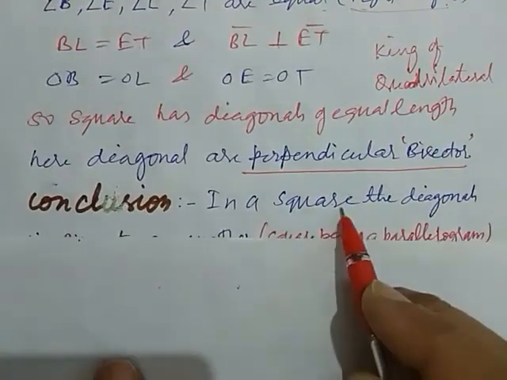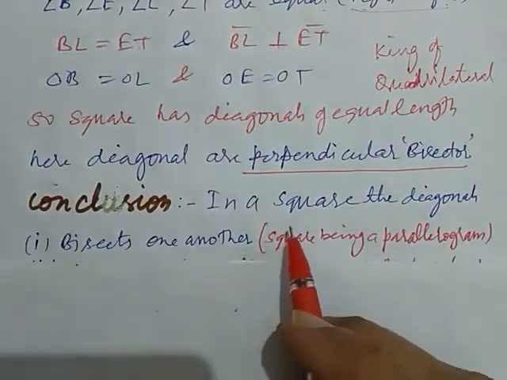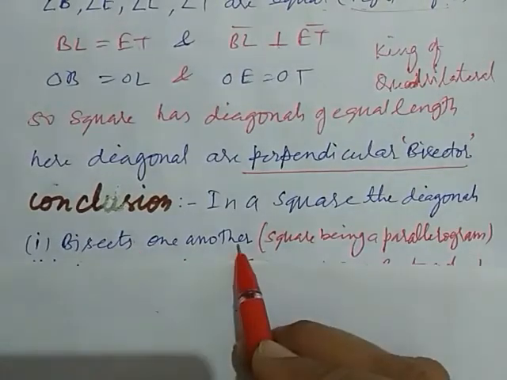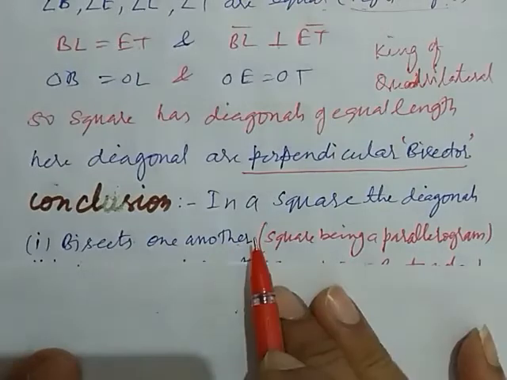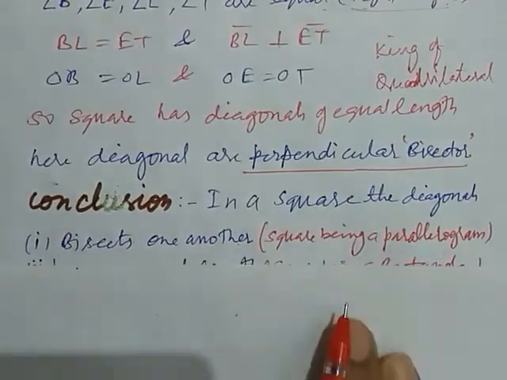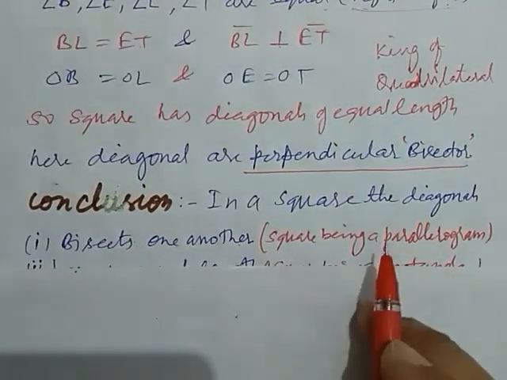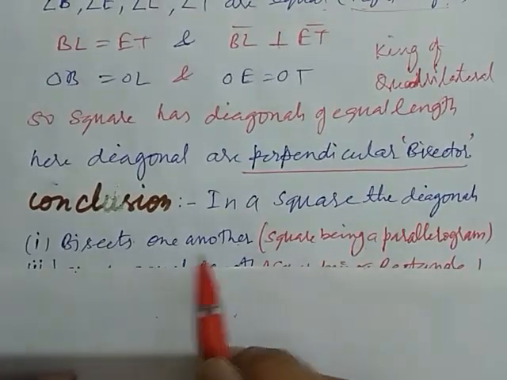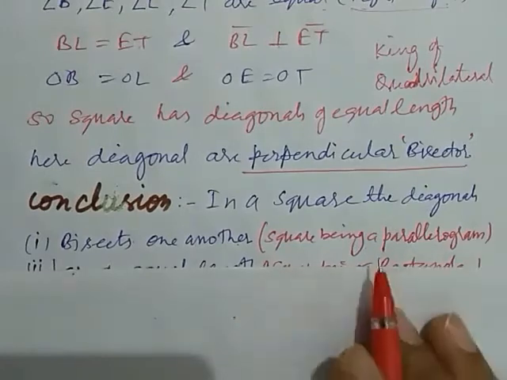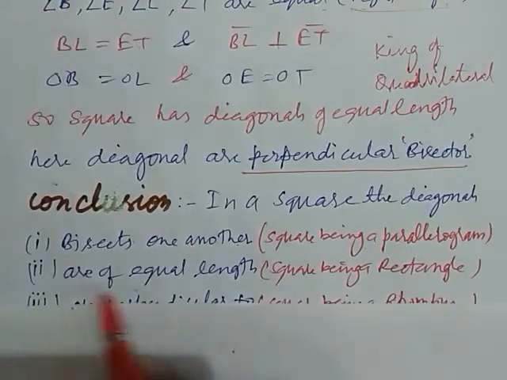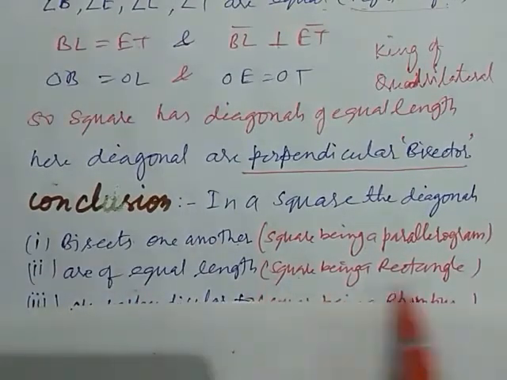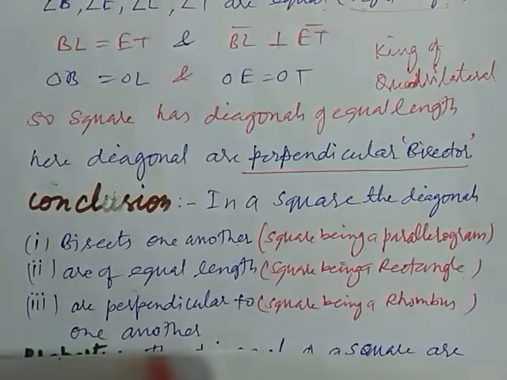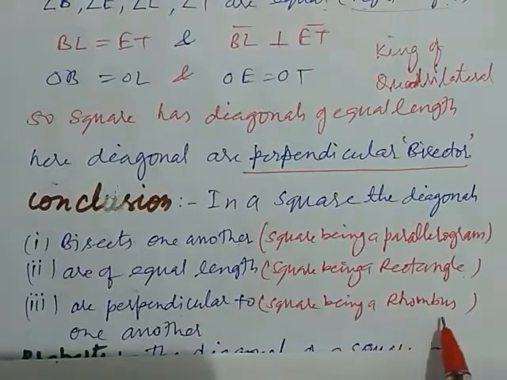In a square, the diagonals have these characteristics: first, they bisect one another, so a square being a parallelogram, because in a parallelogram the diagonals are bisecting. The diagonals are of equal length, so a square being a rectangle. The diagonals are perpendicular to one another, so a square being a rhombus.